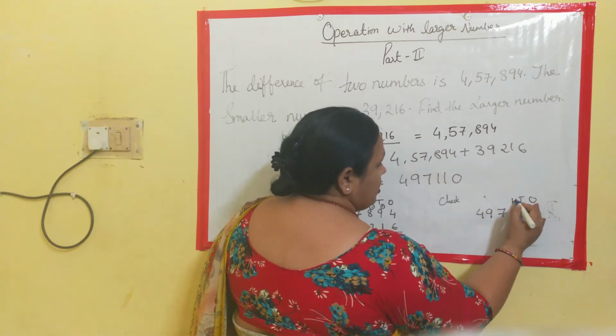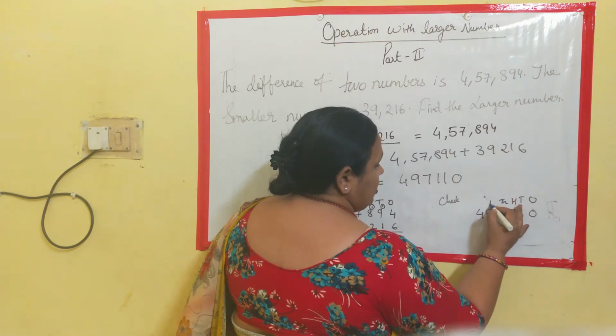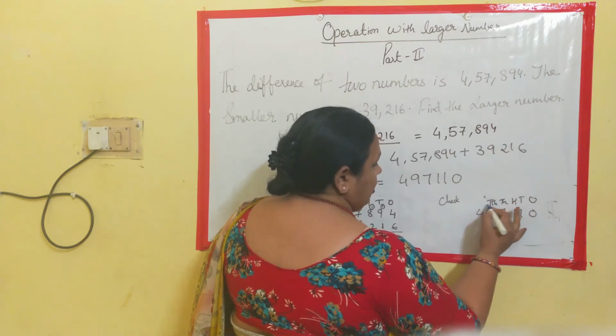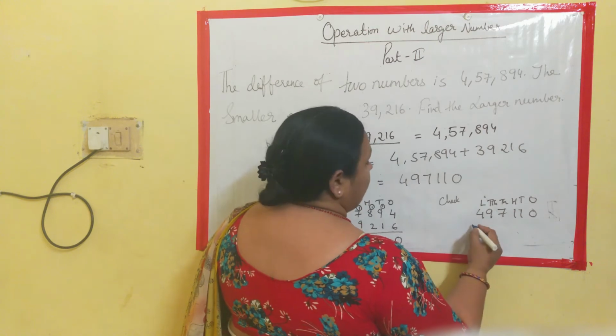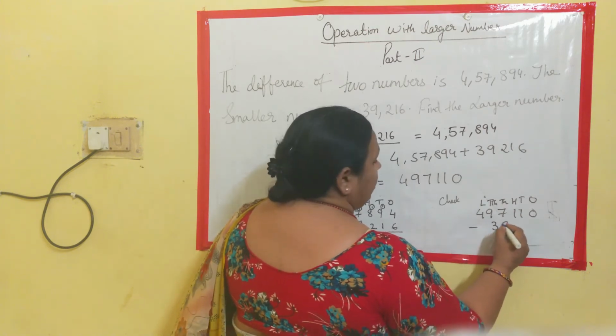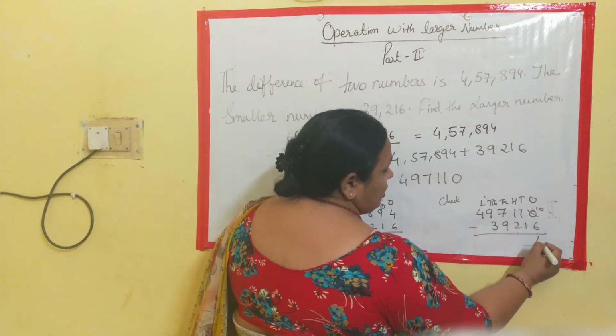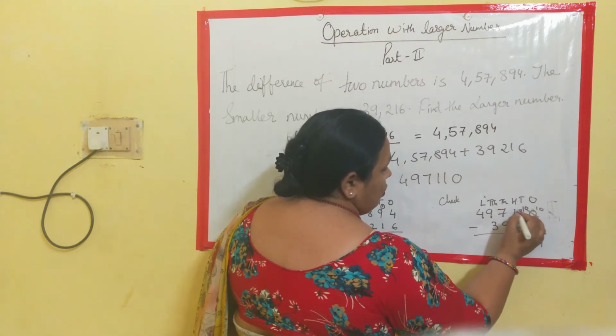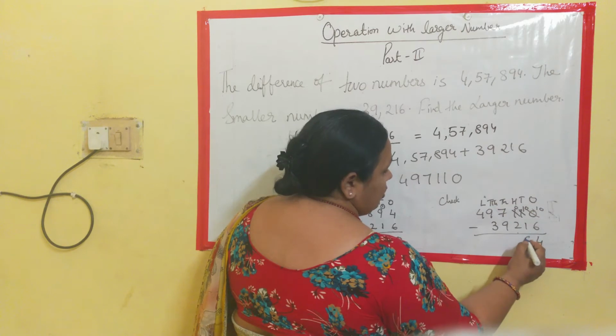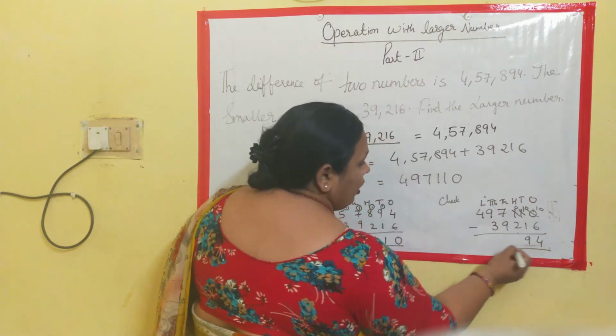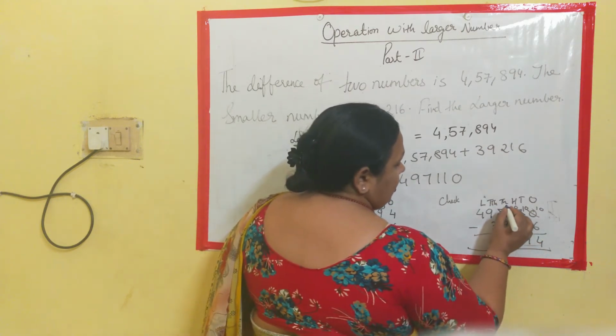Ones, tens, hundreds, thousand, 10,000 and lakh. Subtract it by 39,216. 10 minus 6 is 4. This becomes 0, 1. This is 0. 10 minus 1 is 9. Then this becomes 6.